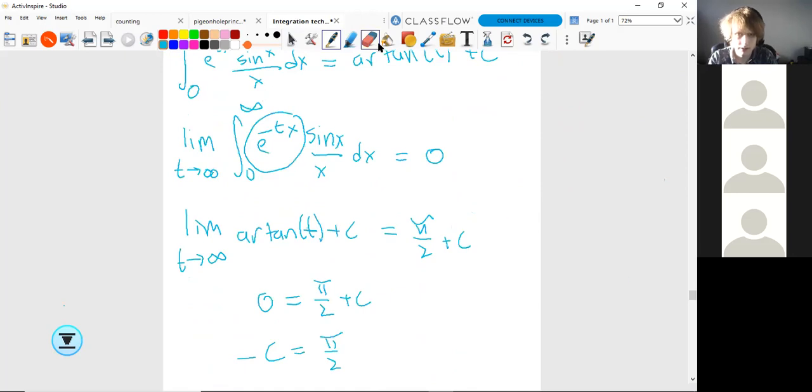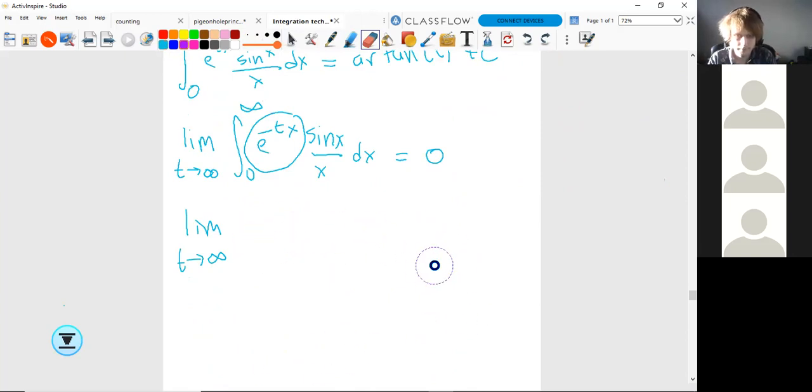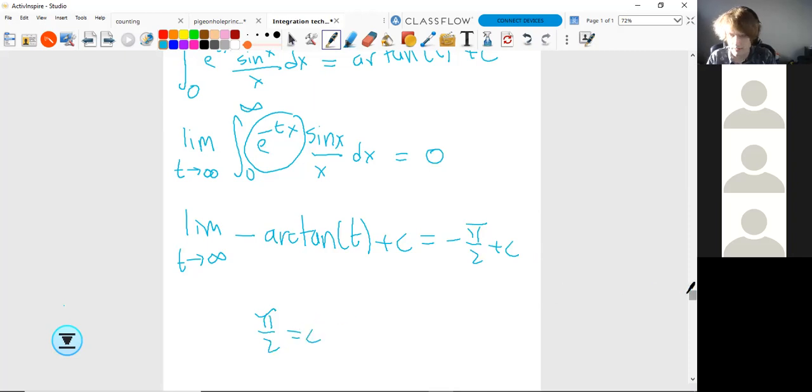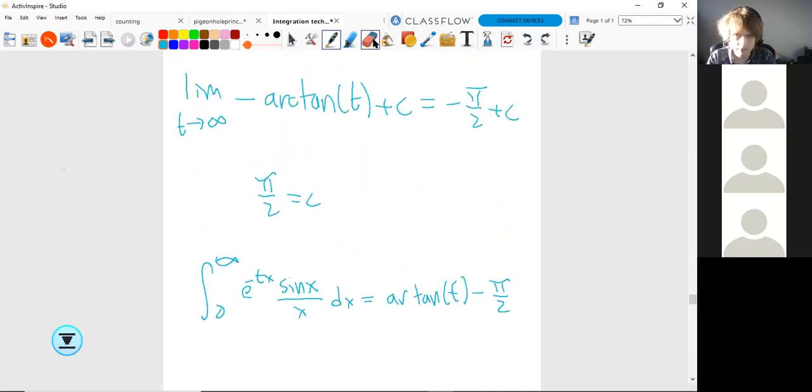And so our limit should be minus arctan of t plus c, which is equal to minus pi over 2 plus c. So then we get pi over 2 is equal to c. And we can flip this around. Arctan.